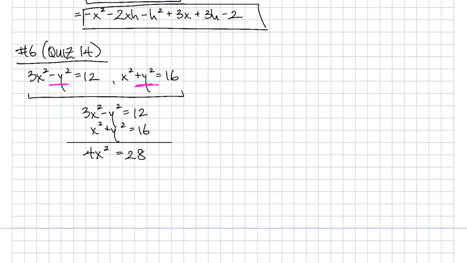So for me, this is the beauty of elimination. I add things together and all of a sudden one letter's already gone. And now I can divide both sides by 4. And I know 7 is not a super nice number, but the point here is that I could have a positive or a negative square root of 7 for my x value. Okay.